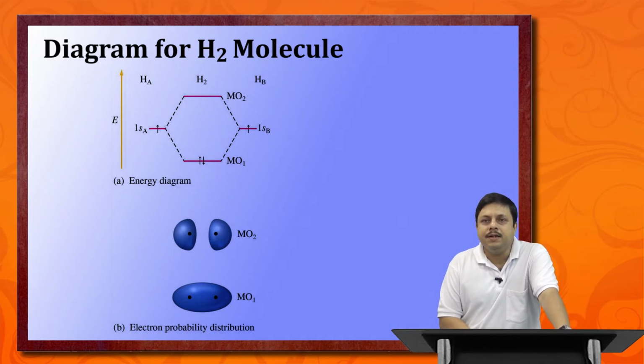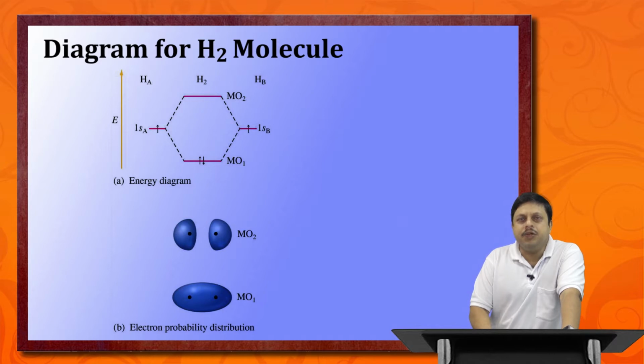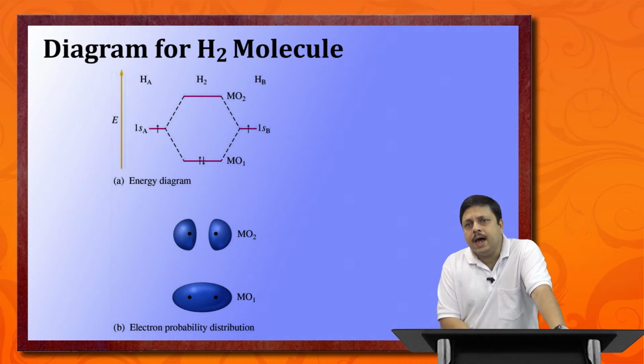These are the energies associated with the two atomic orbitals, and this bonding molecular orbital has an energy lower than the energy associated with the atomic orbitals, whereas the antibonding molecular orbital has an energy higher than the energies of the corresponding atomic orbitals.